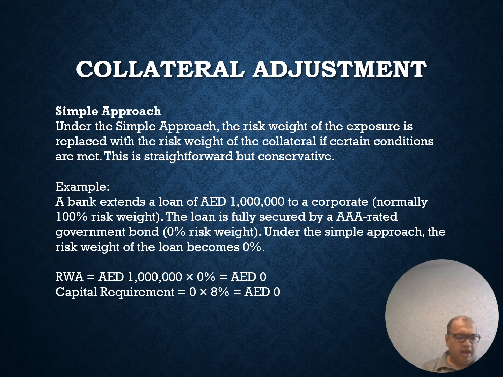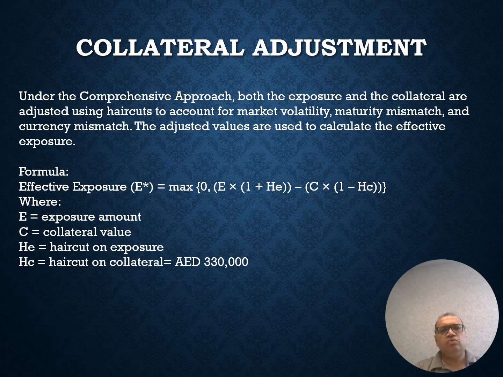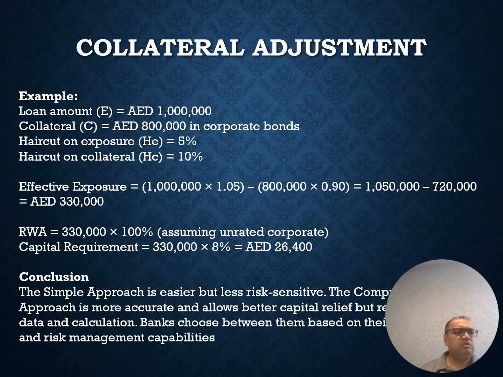Having said that, if you were to do collateral adjustment under a comprehensive approach, in this case, you don't just adjust the collateral, you also adjust the exposure. Let's simplify this with an example. You have a loan of 1 million dirhams, and collateral is 800 million in corporate bonds, not AAA bonds, but corporate bonds. So how do you adjust this?